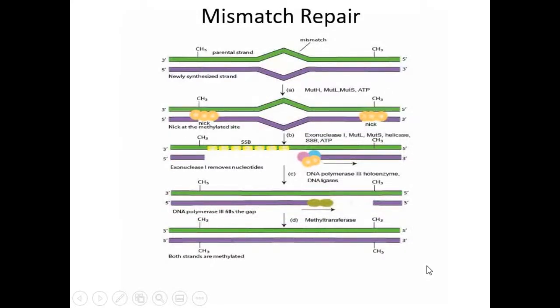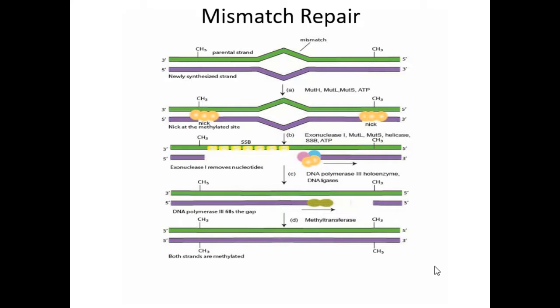And the mismatch repair. That's when the mutation escapes the proofreading. Then we have several mechanisms to repair the mismatch, because if you carry this mismatch, it brings in the mutation.